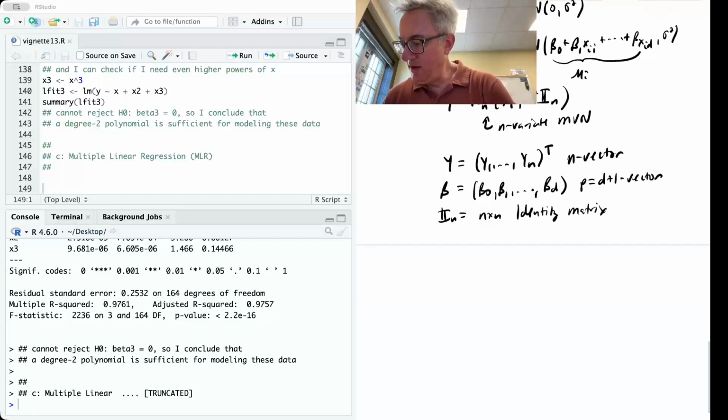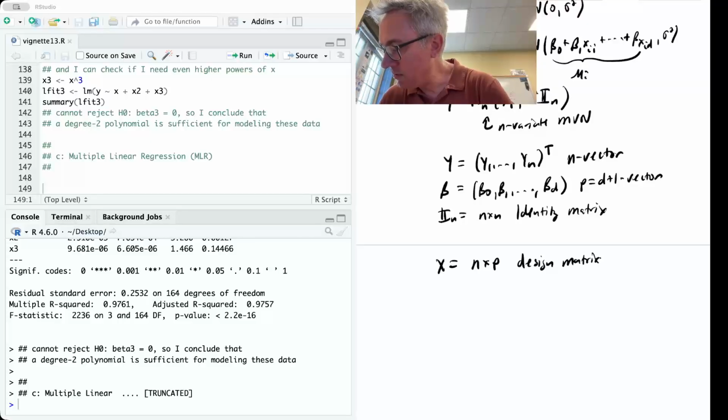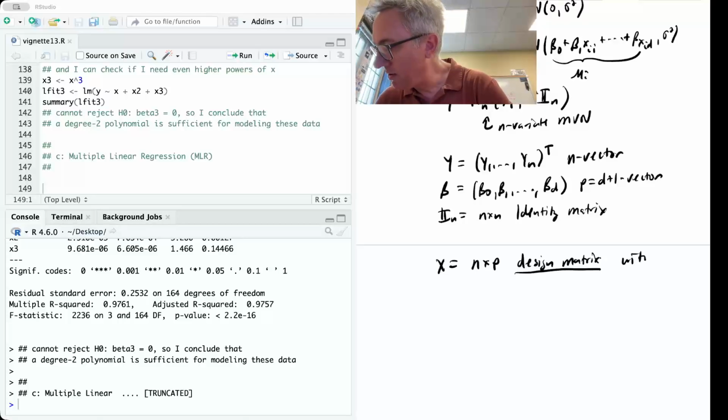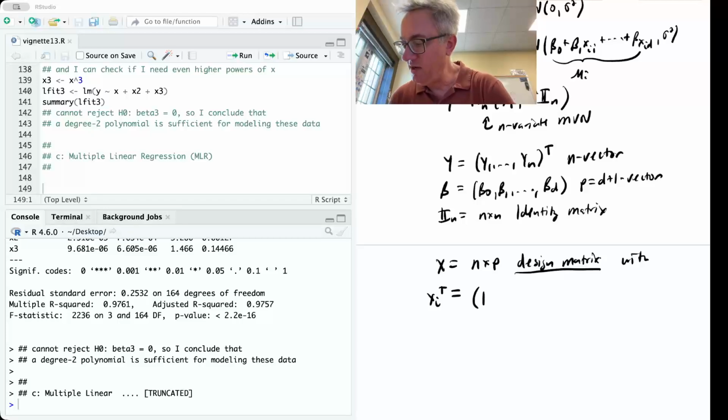And then X is an n by p. It's called a design matrix, or you could call it an input matrix. And its rows are xi's, again transposed so that I can write it out horizontally. It has a leading 1 to take care of the intercept.